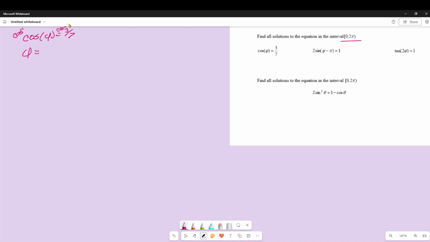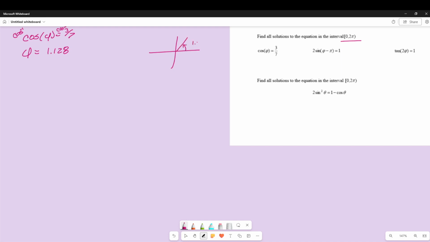So cosine inverse of 3/7. I get 1.128. Of course, that's a nice angle in quadrant 1.